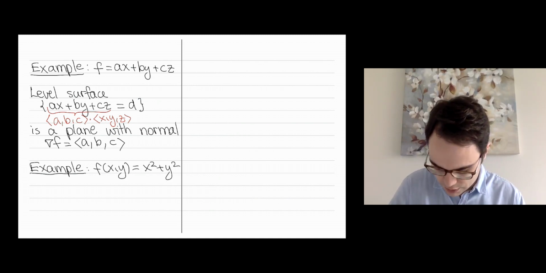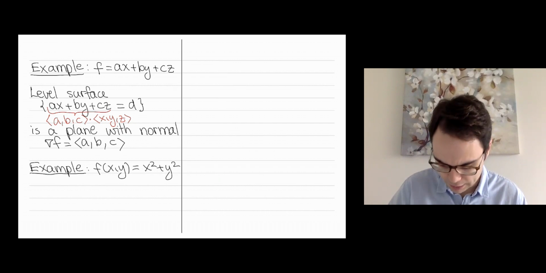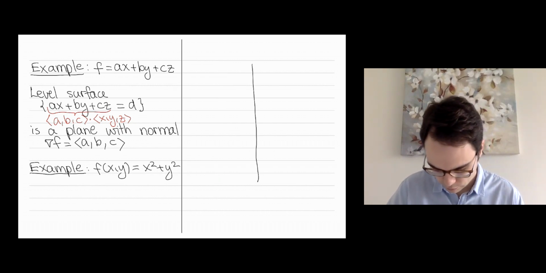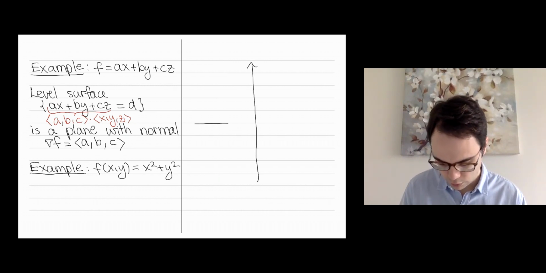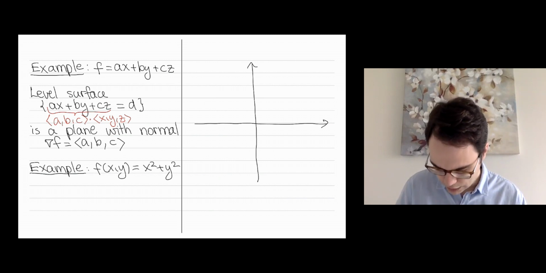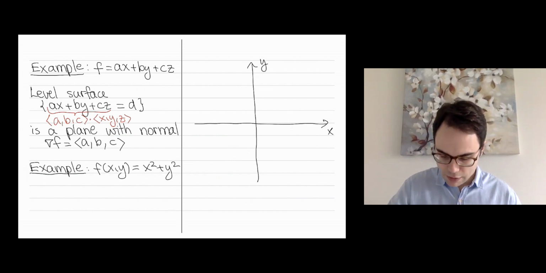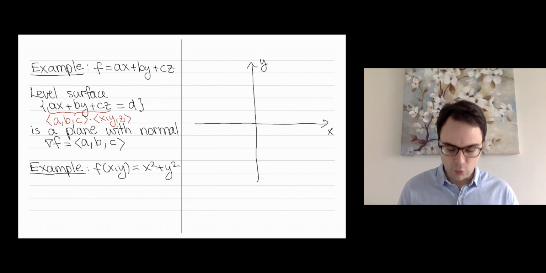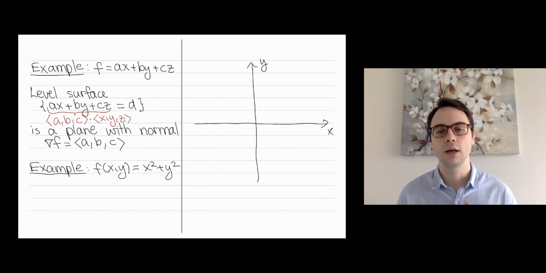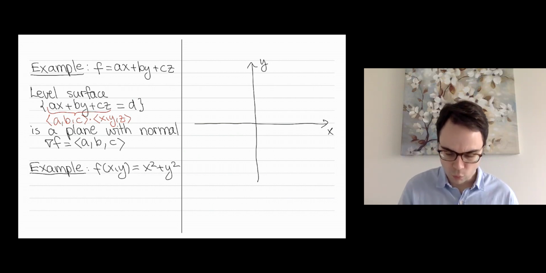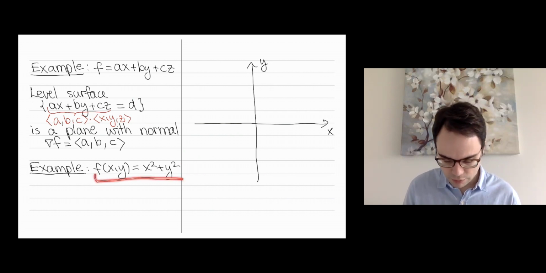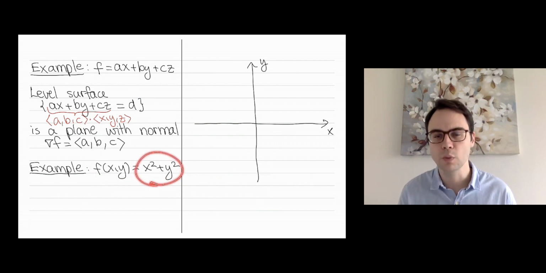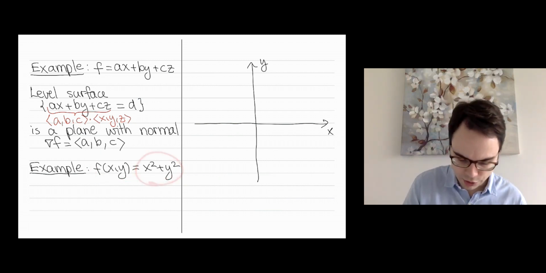Let's see what the level sets look like. So here's the xy plane. For example, what's the level set with level 1? The level 1 set for this function is the set of all points where x squared plus y squared equals 1. That's the circle of radius 1.